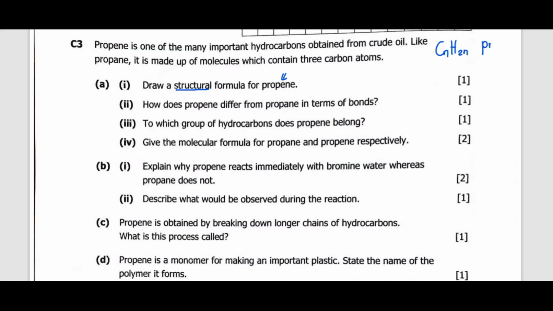Prop means 3, so where there is n, we have 3. So C3, and 2 times 3 gives us 6. The formula, this is 1, 2, 3. Then since we have E, we need to have a double bond. So this is our structural formula.